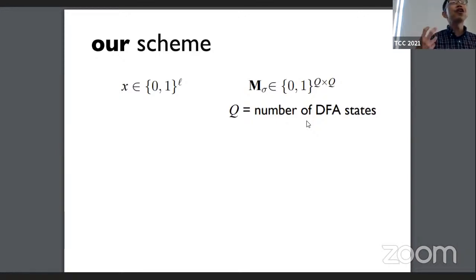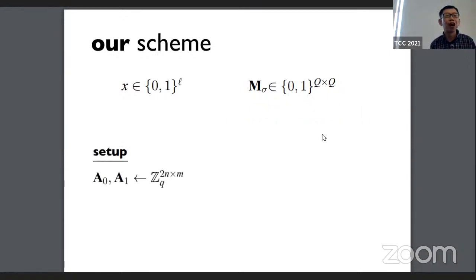We're going to focus on DFAs for the binary alphabet, which is 0 and 1. The input is an L-bit string. The input X, that's the attribute, is also the input of the DFA. We are going to specify the DFA by a pair of transition matrices. If Q is the number of states in the DFA, then the transition matrix is a Q by Q matrix, one for the alphabet 0 and one for the alphabet 1.